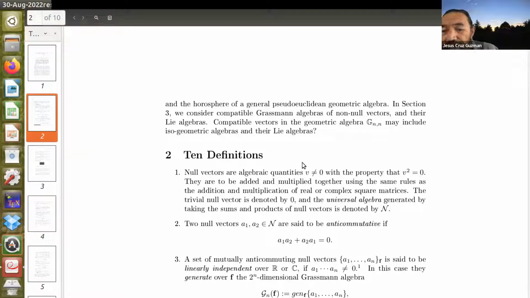This is different, because in one way I can build multivectors of higher degree.